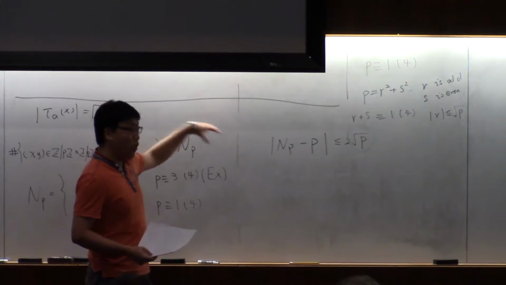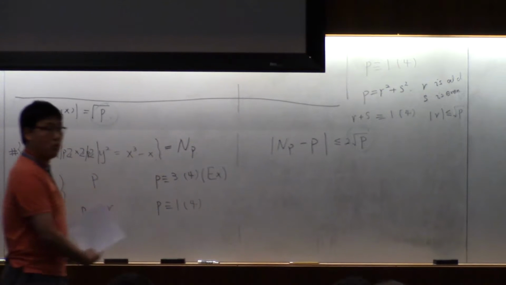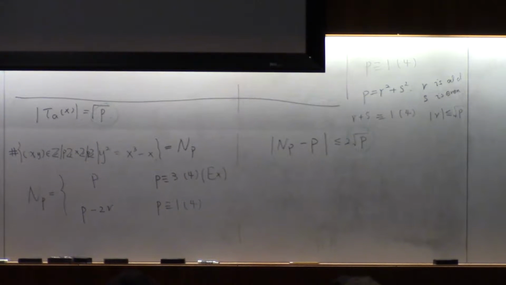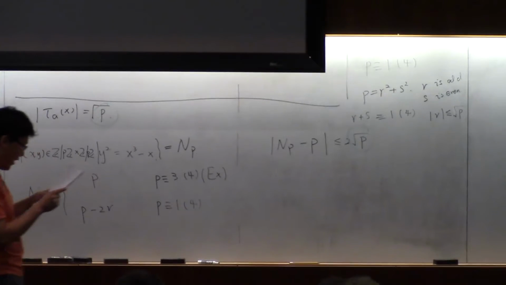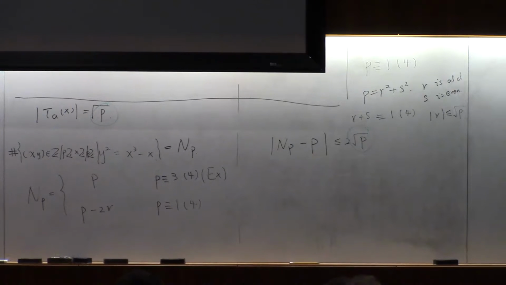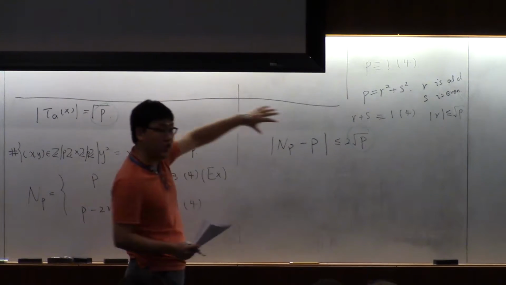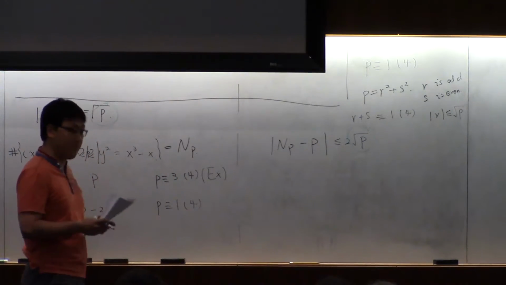Then is it just a coincidence that we have square root p in both of these two settings, or is there a relation between them? In the following, I try to explain by an example that there is actually a deep relation between these two facts.